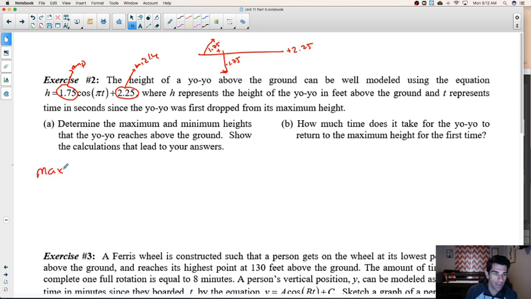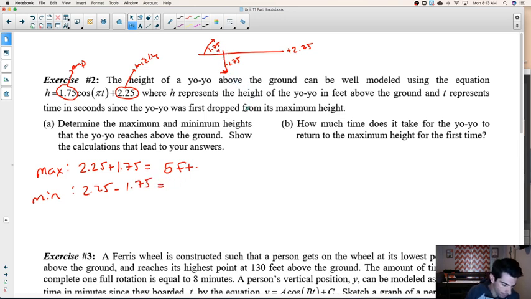So you would take your max, you would take that 2.25 and add your amplitude. Then you're going to take your minimum, and you're going to take 2.25, and you're going to subtract that amplitude, because now you're going down below that.